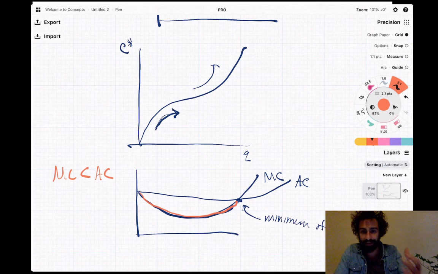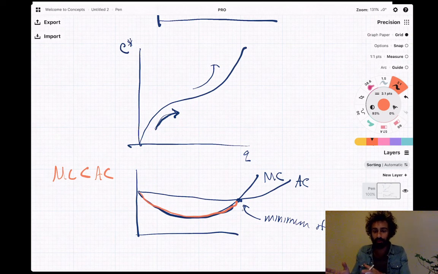So to produce the next baseball bat costs less than the average so far, right? If I add something new to an average that's smaller than the average, then that brings down the average. If I have a bunch of grades in a classroom and I add one more student, if he's below average, then the average in the class goes down. If I have a bunch of costs of baseball bats and I add a new one and the marginal cost of this new baseball bat is less than the average, then it brings down the average cost.